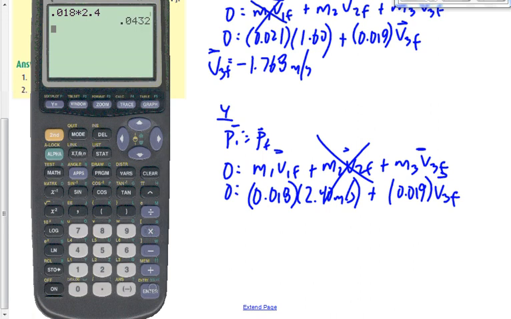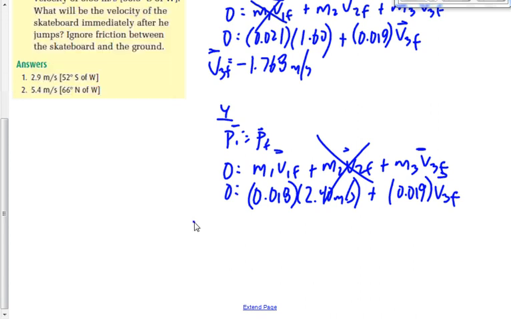Okay, let's take it to the other side by subtracting. And let's divide that by 0.019. 2.27. That's going to be negative. Now let's combine them.